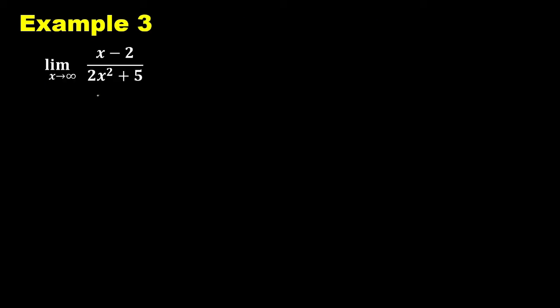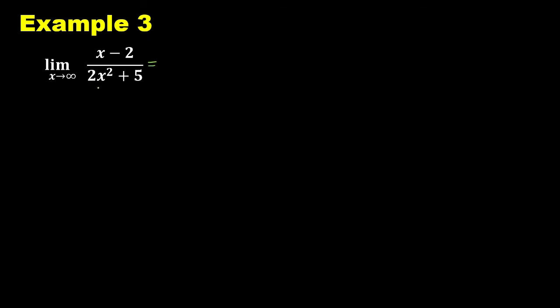So how about we would like to get the limits at infinity of a given rational function. So when we say rational function, we have a polynomial over a polynomial. So we're going to use this strategy first. So the first step is for you to divide each term of this fraction by the variable x with the highest degree in the denominator.